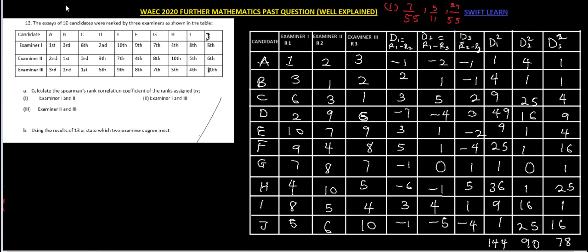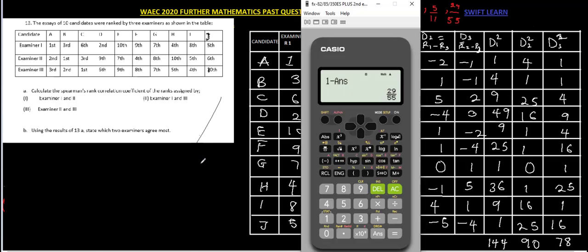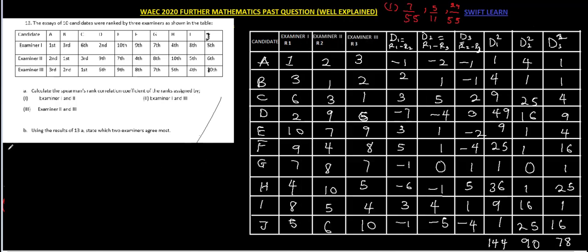Question B says, using the results in 13A, which of the examiners agree most? That means which of their answers are similar. You can't really tell me one is similar than the other right now, except we convert it to a decimal format. So the first thing is, let's write our answer in decimal first.